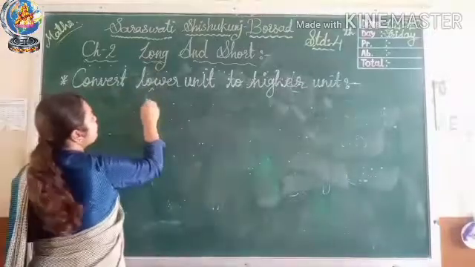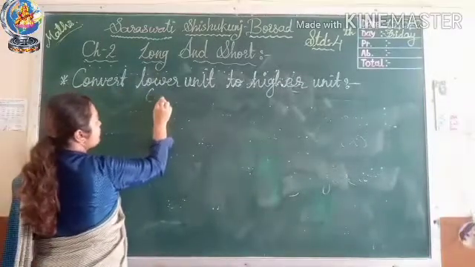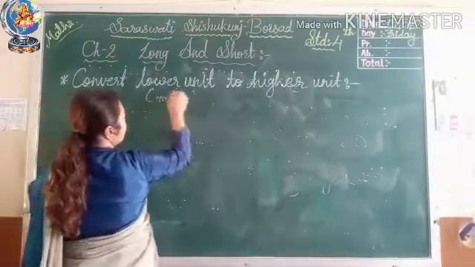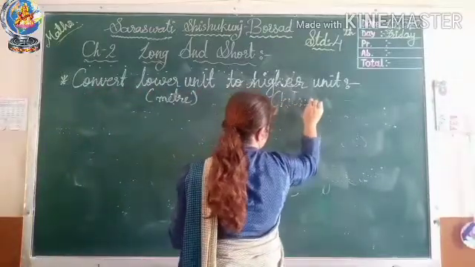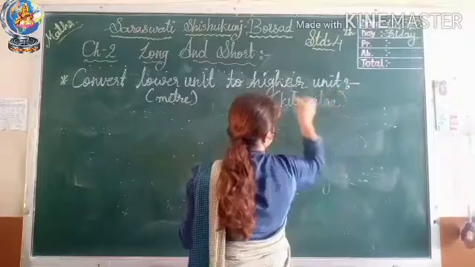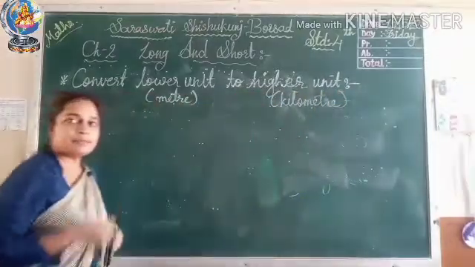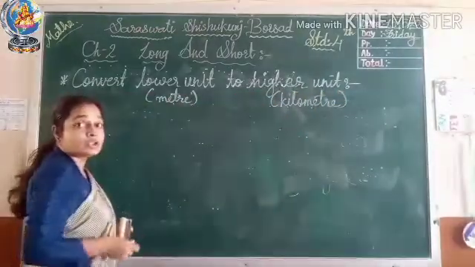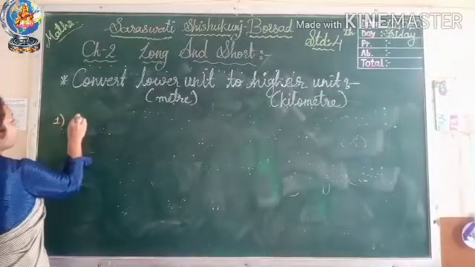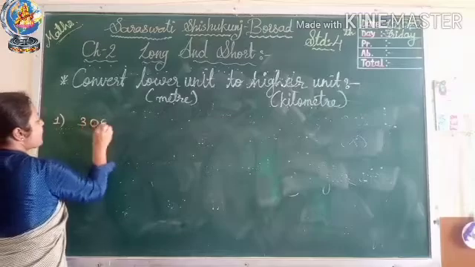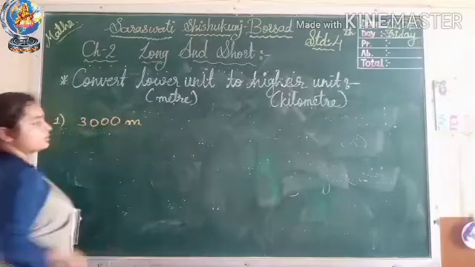Okay, here the lower unit which I am going to take is meter, and the higher unit which we are going to take is kilometer. Fine. Let's have a look at how to solve this. First sum, 3000 meter.